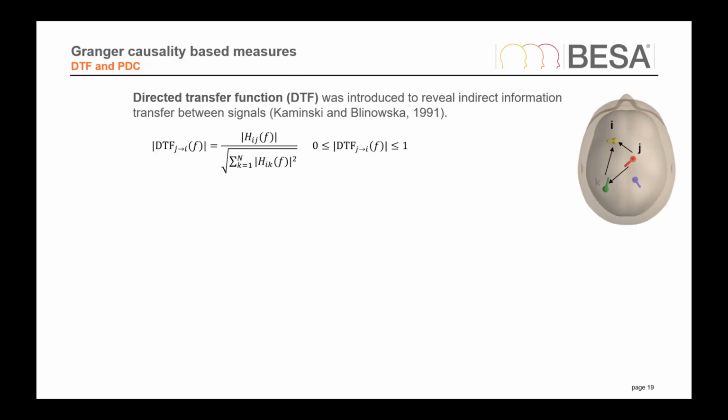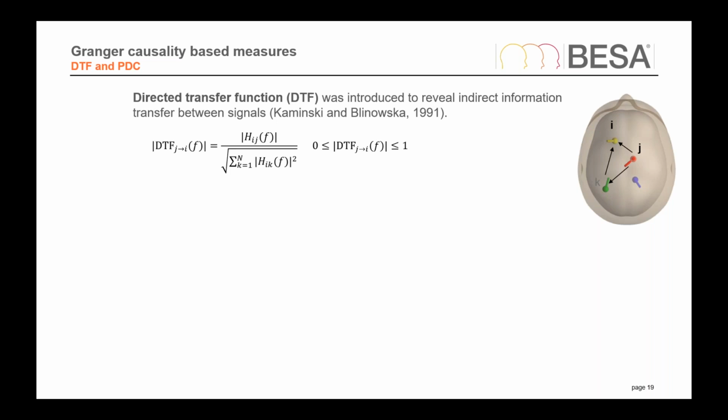From this Granger causality, we can derive other measures, and there were two other measures that sound interesting. One is the directed transfer function, which was introduced to reveal indirect information transfer between signals.